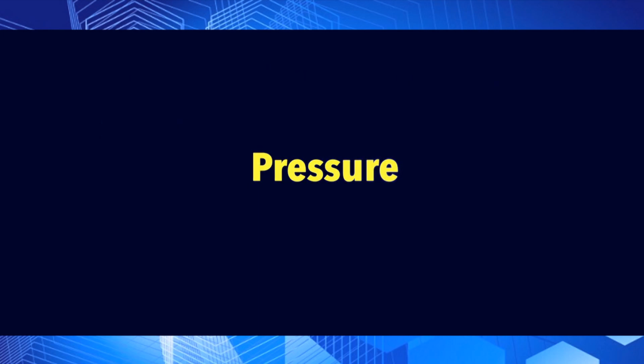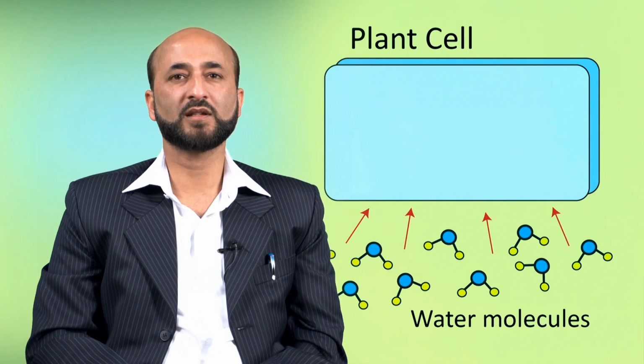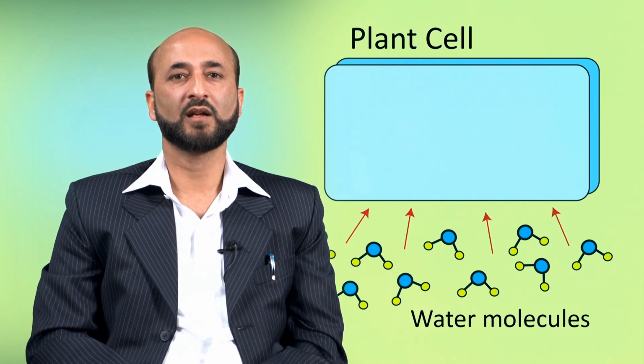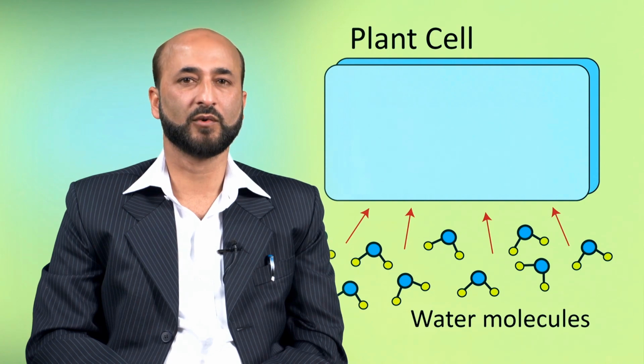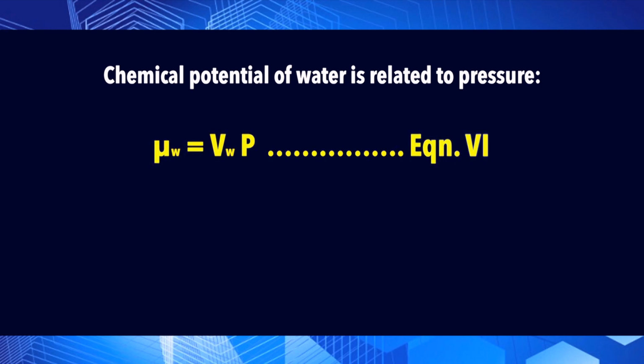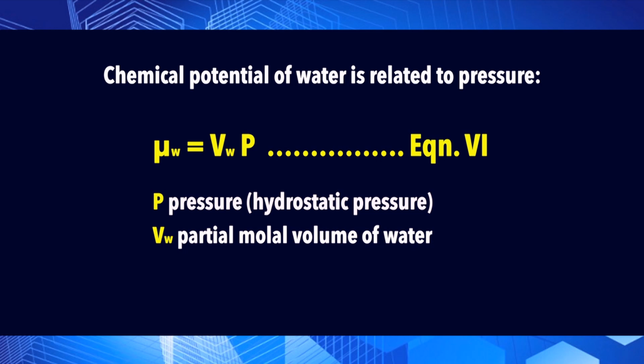Another factor is pressure. Increasing the pressure increases the free energy and hence the chemical potential or water potential. Chemical potential of water is related to pressure by the equation mu W is equal to VW into P, where mu W is the chemical potential of water, VW is the partial molar volume of water, and P is the pressure, that is hydrostatic pressure.